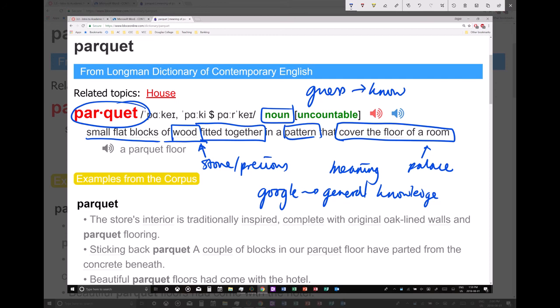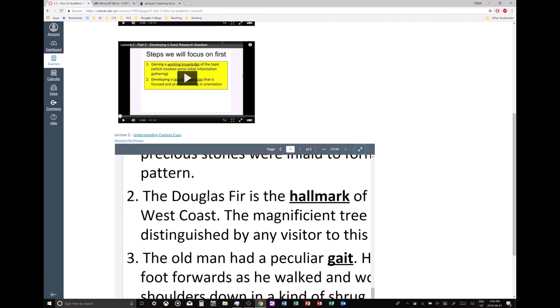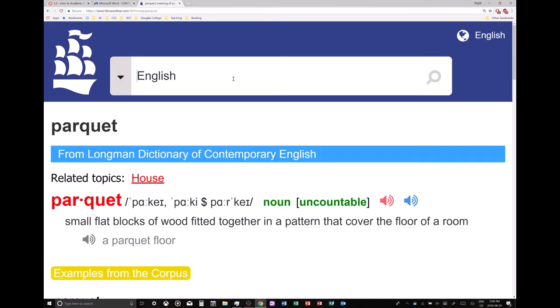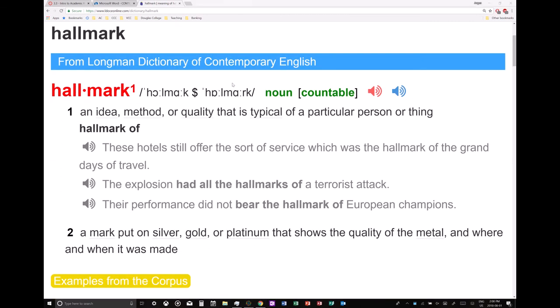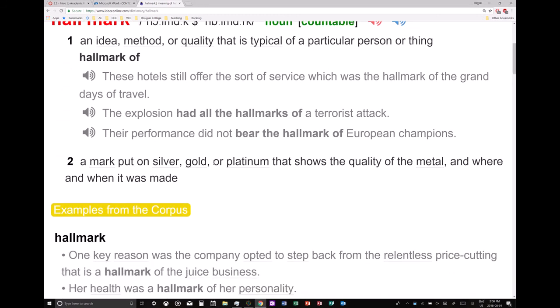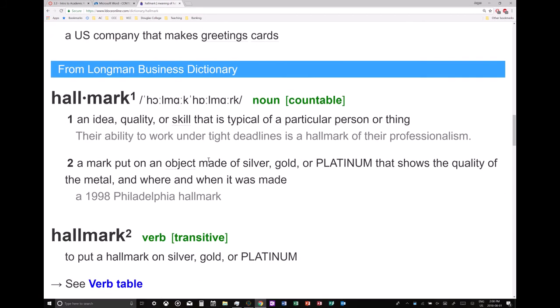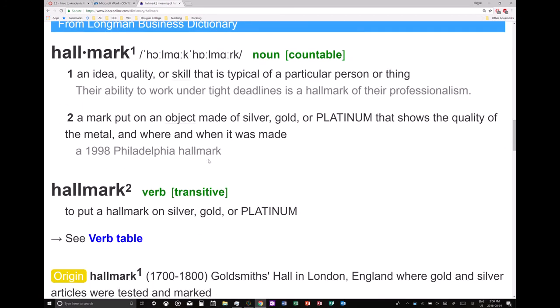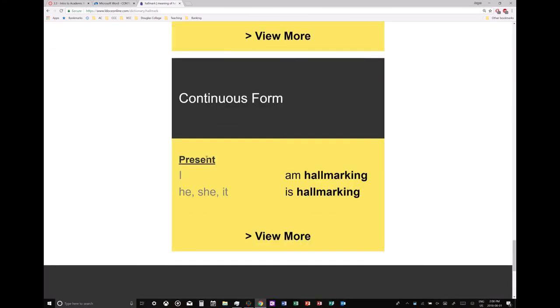All right, let's check the next word. Next word is hallmark. So far so good. The first definition seems to be working so far, except hallmark has more definitions. Okay, let's take a look here. How many do we have?